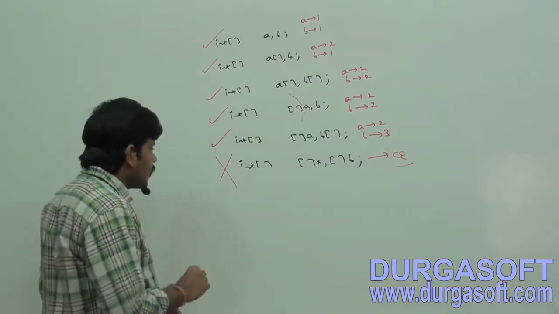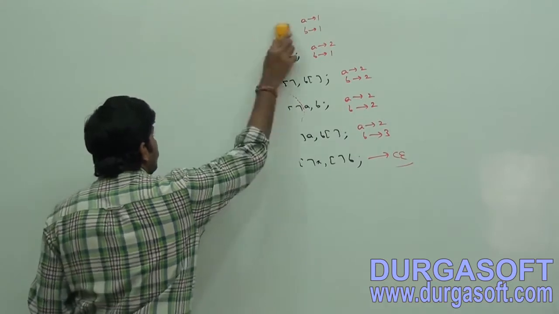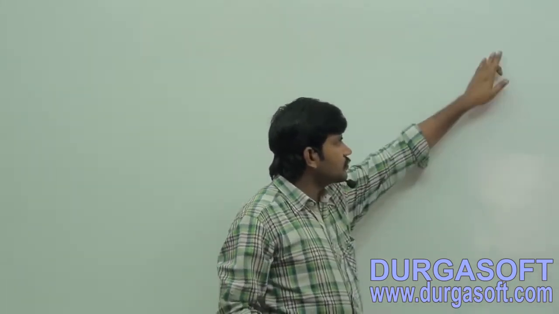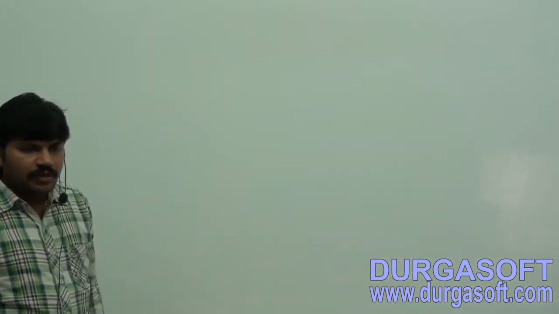Add the theory. If we want to specify the dimension before the variable, that facility is applicable only for the first variable in a declaration.